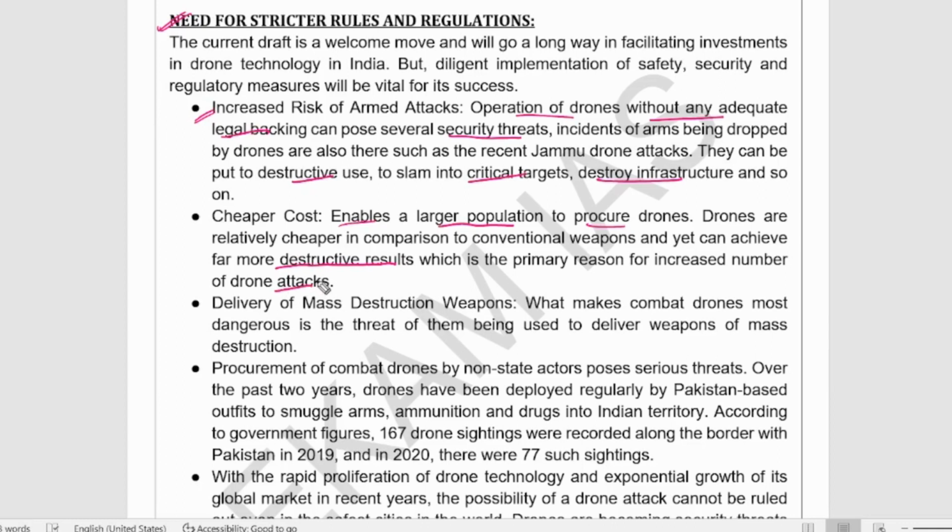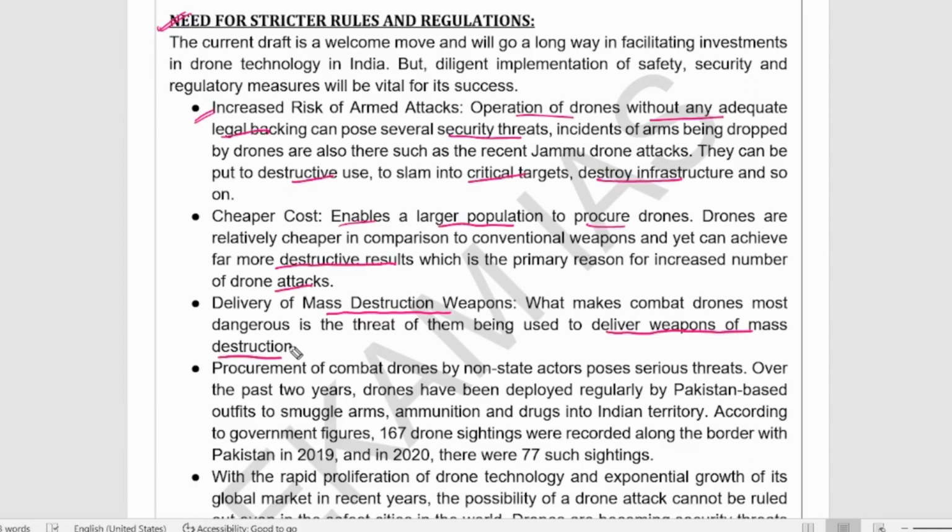Another problem related to the drone sector is the delivery of weapons of mass destruction. Drones are not only used to slam into a target; combat drones are more dangerous because they can be used to deliver weapons of mass destruction.